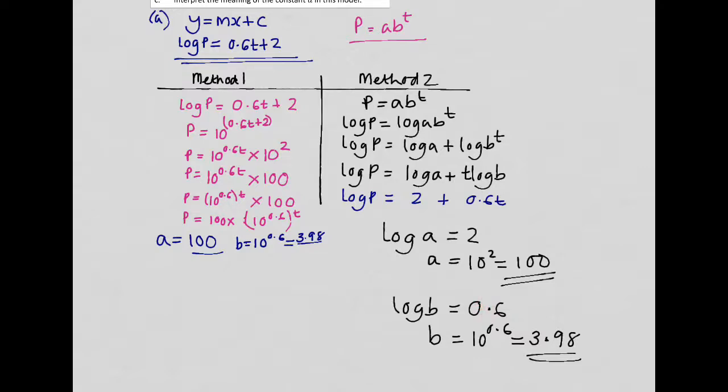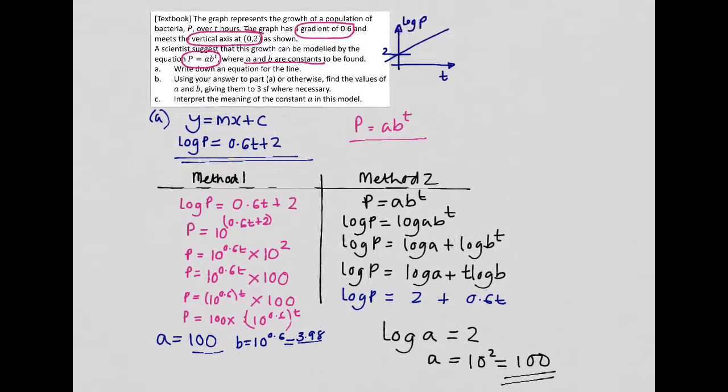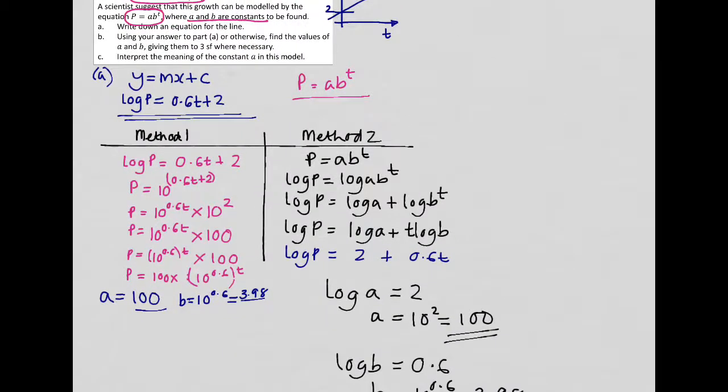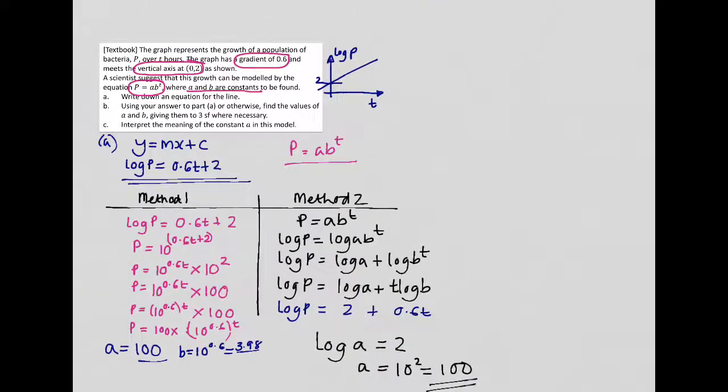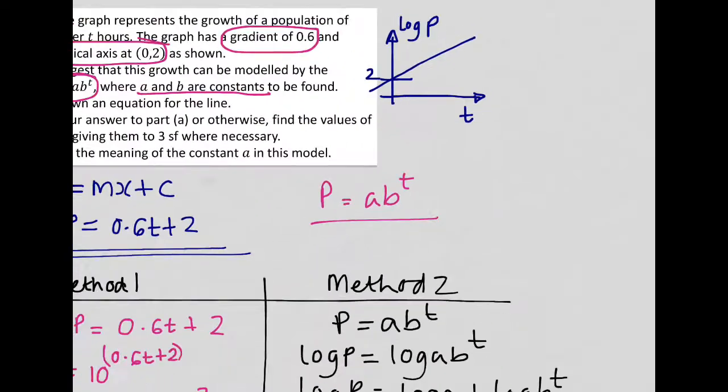And then there's this last part, which is C, and it asks you to explain the meaning of constant A. Well, if we look, constant A, this here, is linked to the intercept here. Now, they like questions like this.